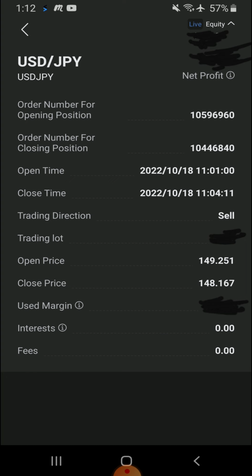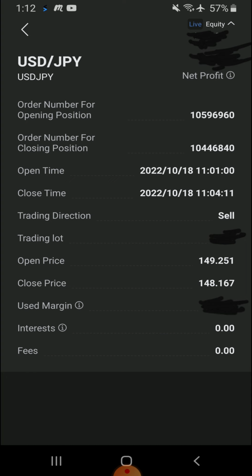Maybe it's not enough for some viewers, or they'll say it's not as much money. So basically, you can see it's the US dollar versus JPY.